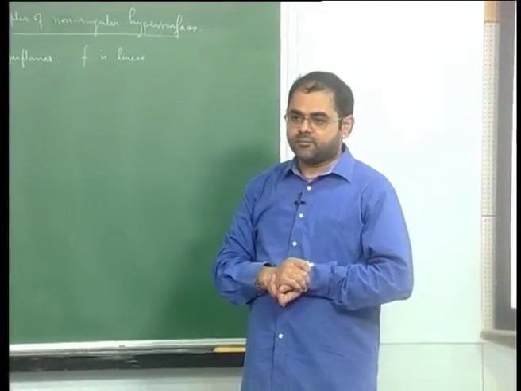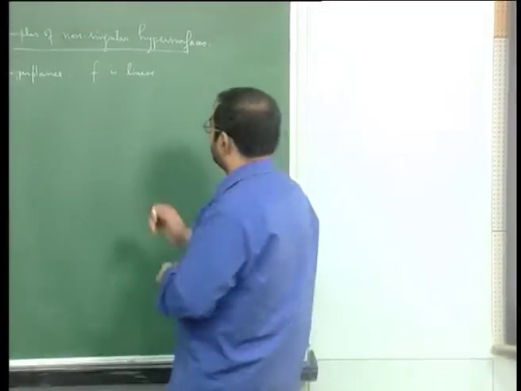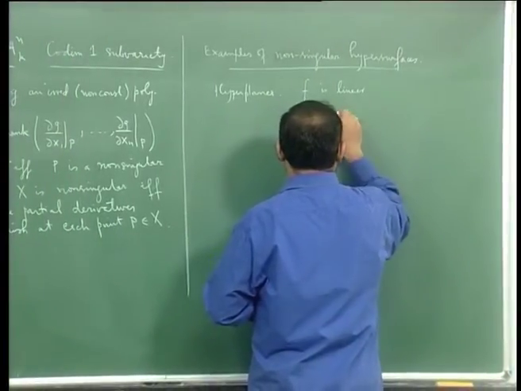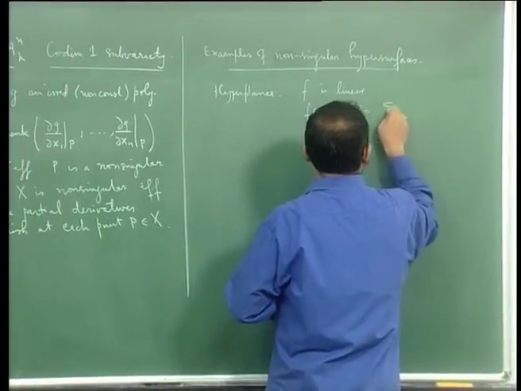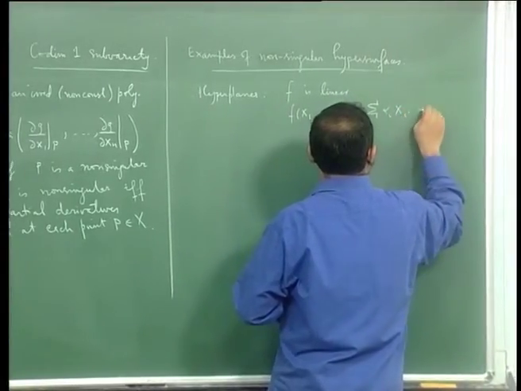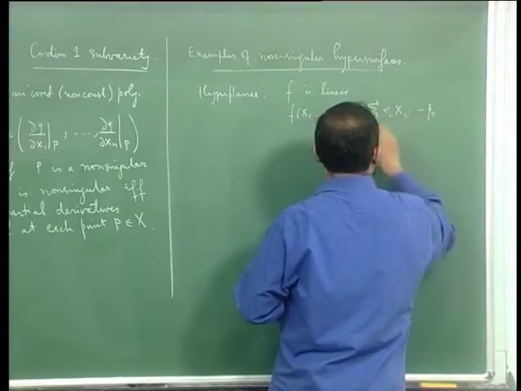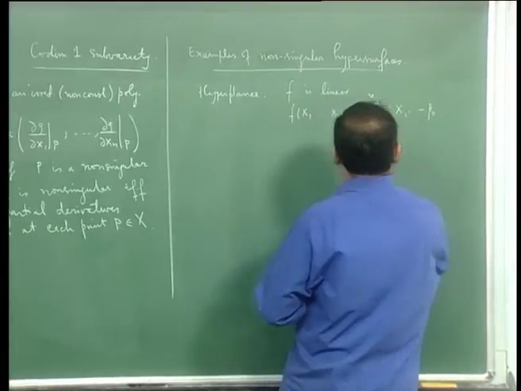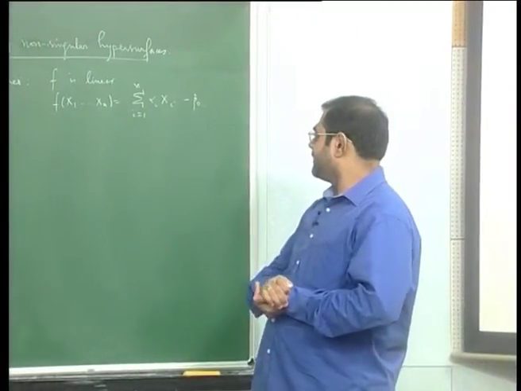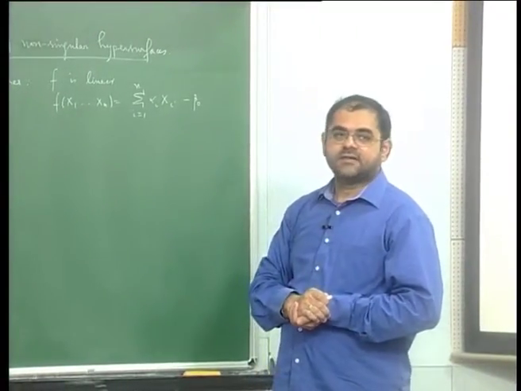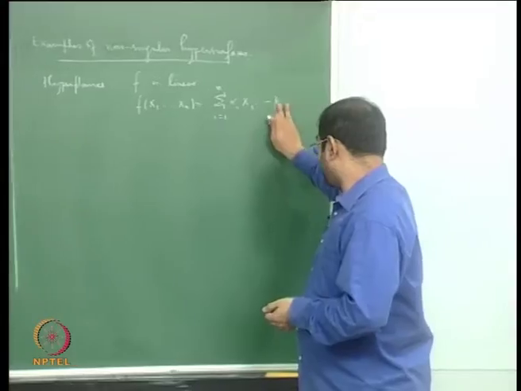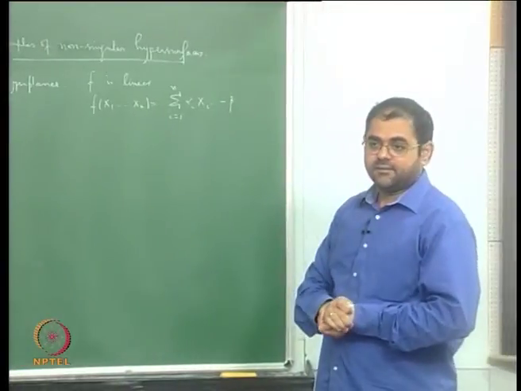You take a linear polynomial. So f of x1 through xn is just the sum of alpha i xi minus some beta, i equal to 1 to n, something like this. Of course I am not looking at the case when all the alpha i's and the beta are 0.